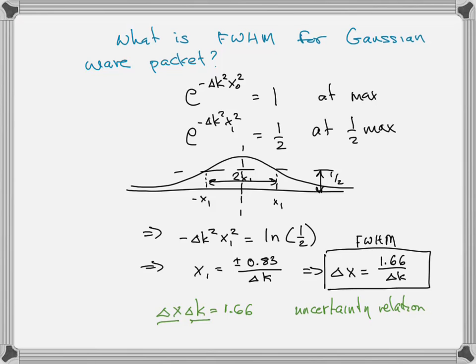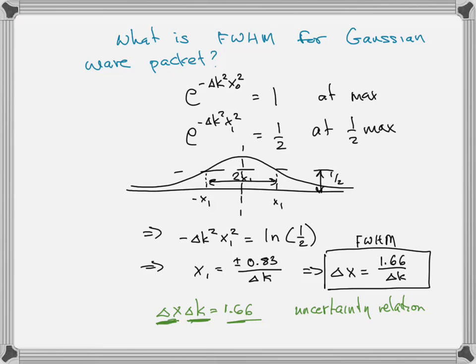If we know one better, we know the other worse, because when you multiply the uncertainty in x times the uncertainty in momentum, you get a constant. So that's the uncertainty relation. It's an important part of quantum mechanics: there are various quantities which are, what's the word, complementary, where if you know one well, you don't know the other well, etc.